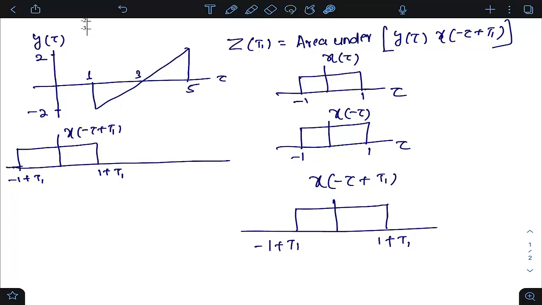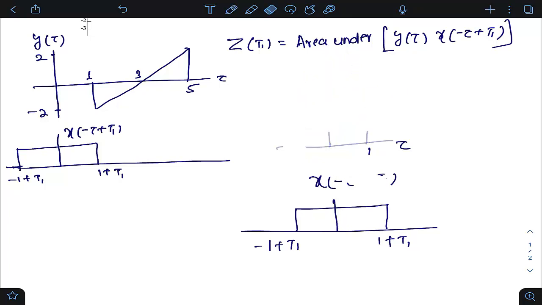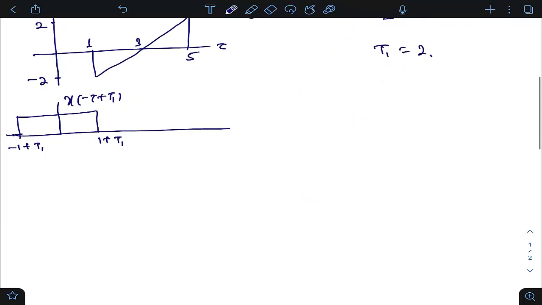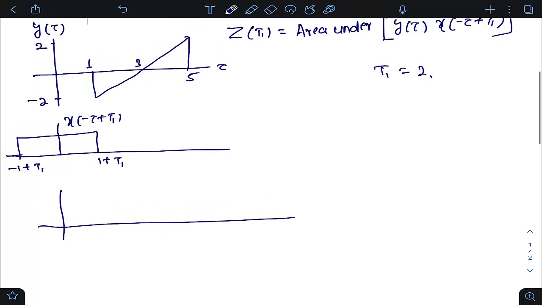But now imagine I make t1 equal to 2. If you make t1 equal to 2, this pulse will cover from 1 to 3. So this is 1 and this is 3, and this height is 1.